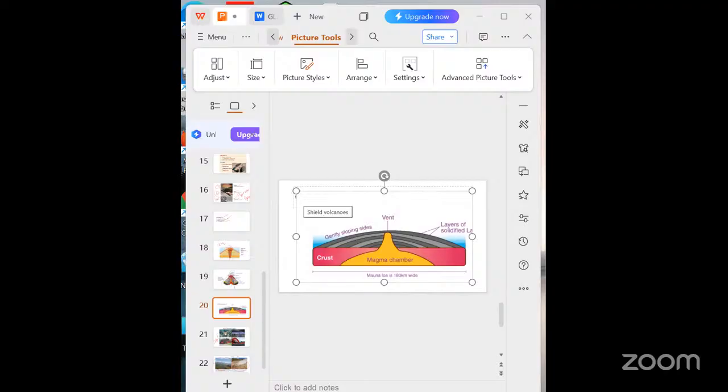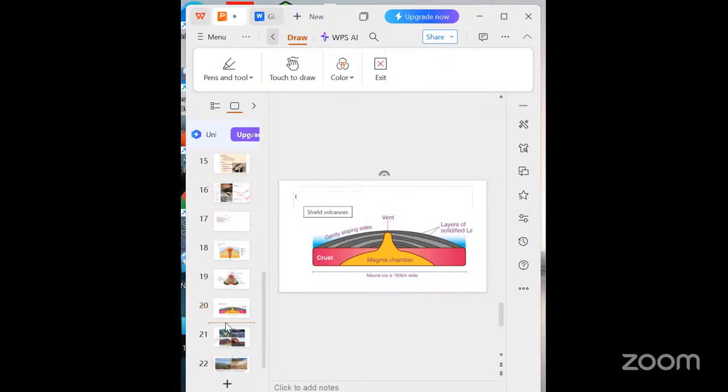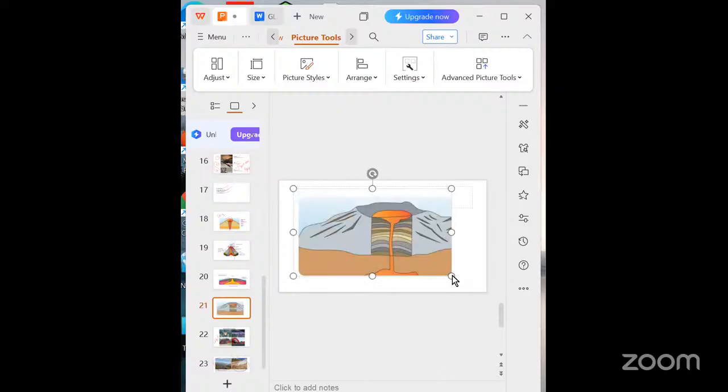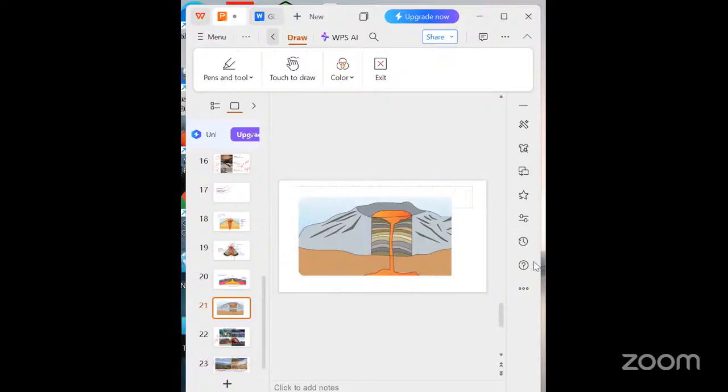And last one is dome, right? Dome lava. So you see here, these lava domes are formed when erupting lava is too thick to flow and makes a steep-sided mountain as the lava piles up near the volcanic vent.